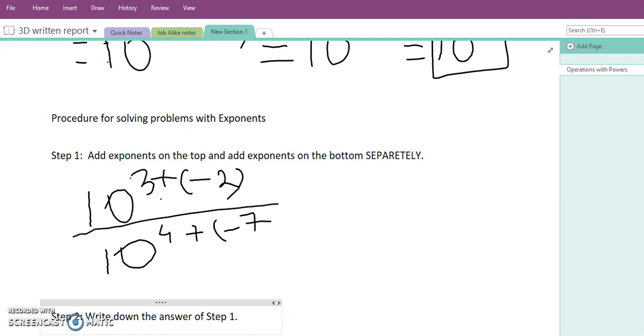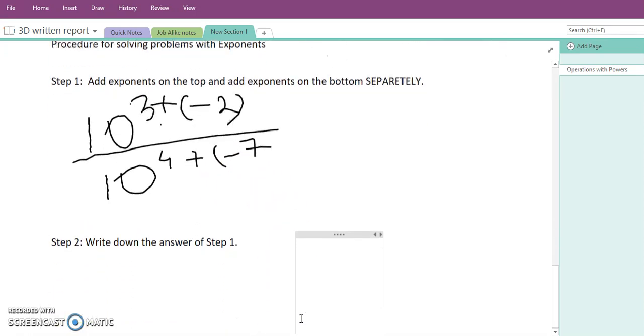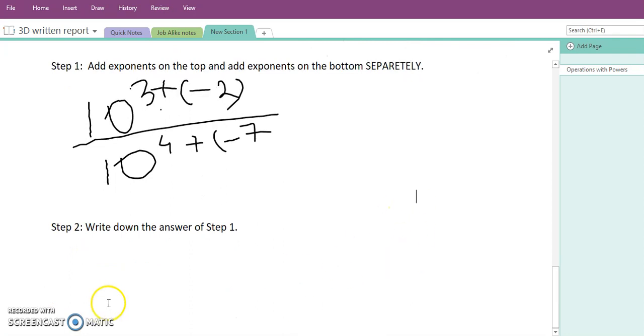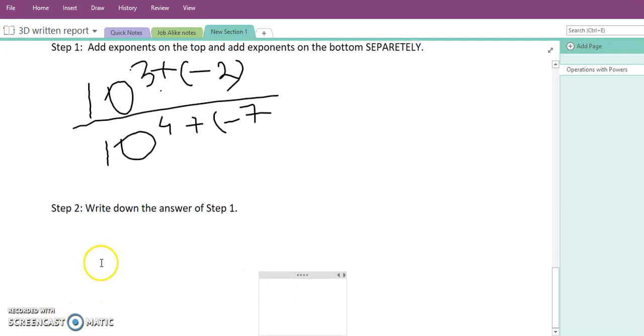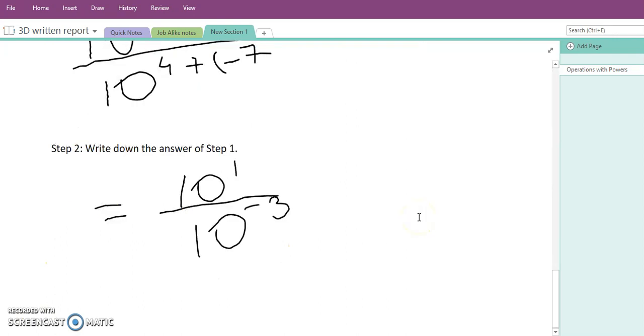Seriously, guys, if you don't write down that answer, chances are you're going to end up with something you don't want very easily. This is extremely simple and it happens very, very often. So now that I have written down the answer of my step 1, I can move on to my step 3.